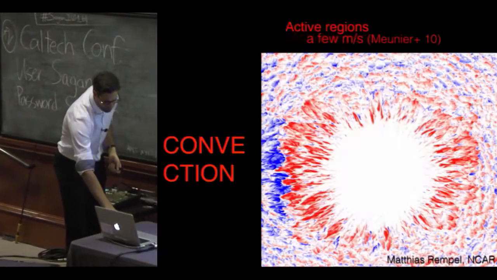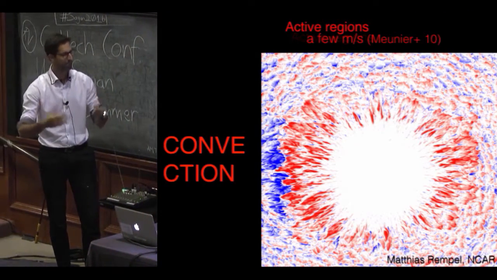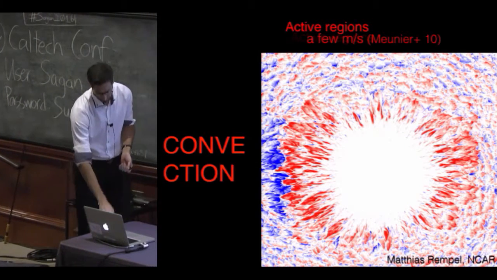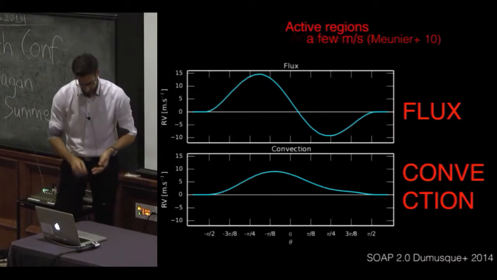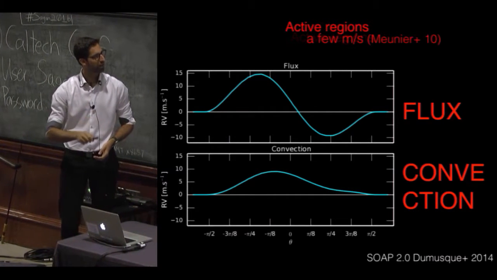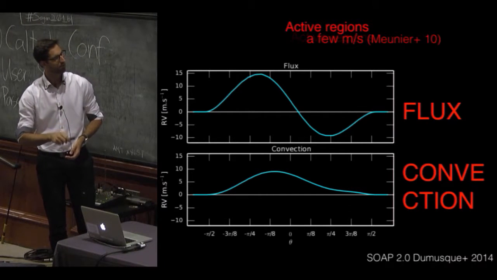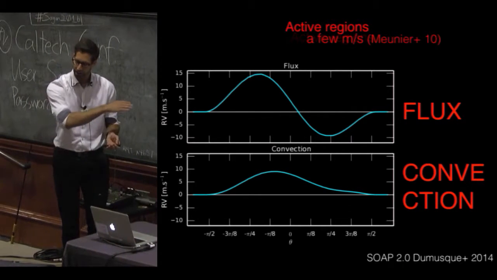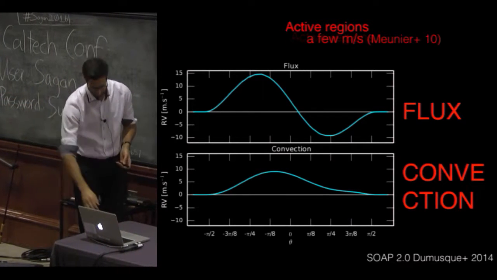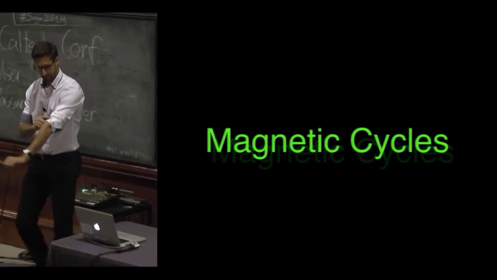And then if you put a spot, you put some magnetic field that inhibits the convection, and therefore a spot is red shifted compared to the photosphere. And you have these two different effects, a plus minus effect due to the flux, and then this symmetric effect with respect to the center due to the convection, and it's just because you have a projection effect in this case. Okay. And now let's speak about magnetic cycles.